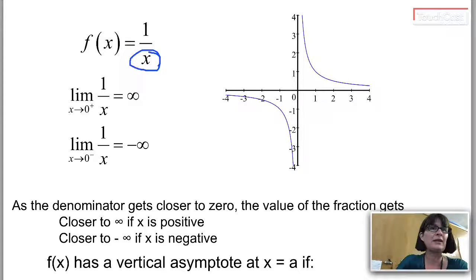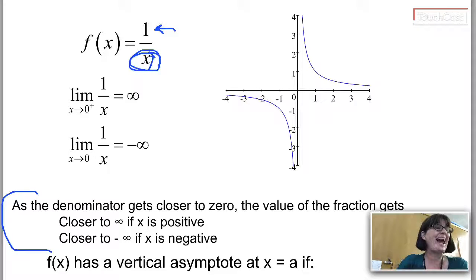Or, since this is a fraction and I have a positive number in the numerator, if my denominator is negative, I'm going to have a very big negative number as x approaches 0 from the left. So you can see that I said that here.